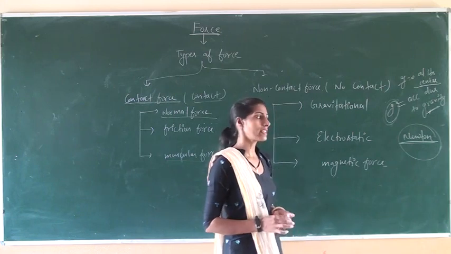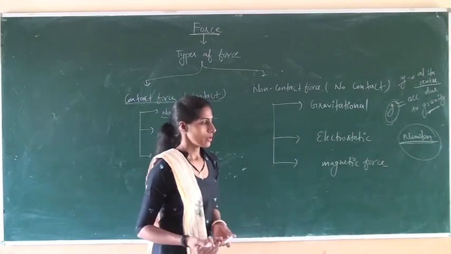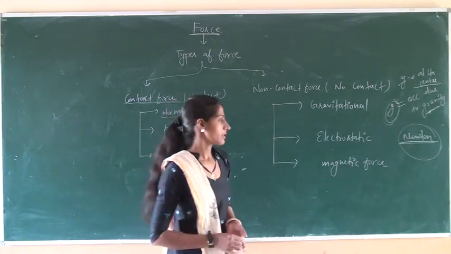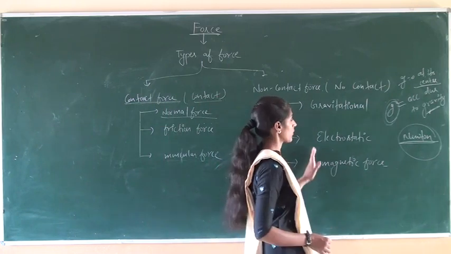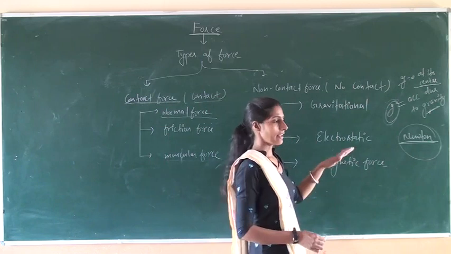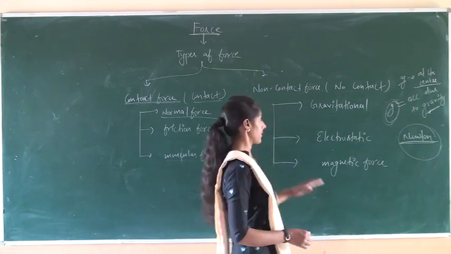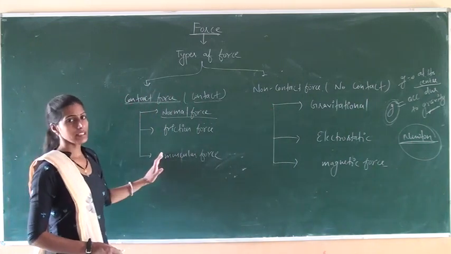Similarly, many other types of magnets are used in our household objects, and these magnets produce a force, that is the magnetic force. Actually, these types of forces take place when the objects are not in contact with each other, but here the objects are in contact with each other.